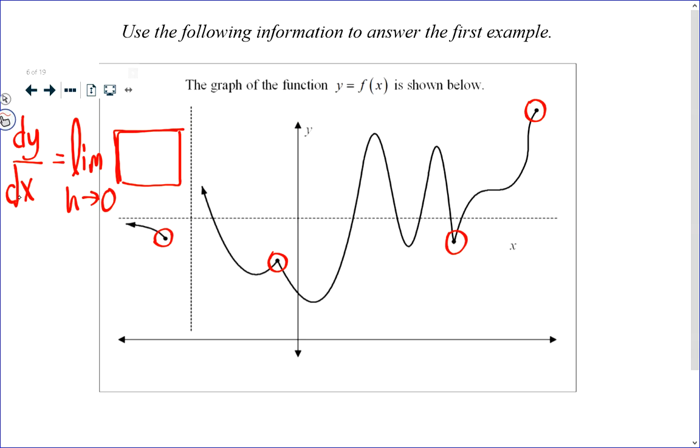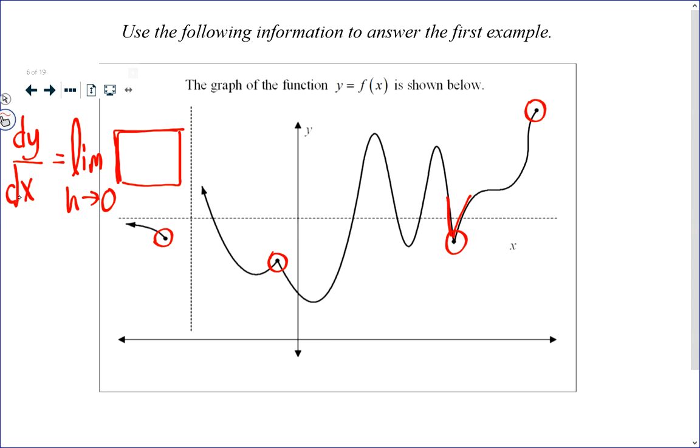The only reason we learned that is so that I can use that here to explain that the derivative is not defined at these points. It's not defined at these points because the left-hand slope and the right-hand slope are not approaching the same value. So the left-hand limit and the right-hand limit are not going to be equal, so the derivative doesn't exist.